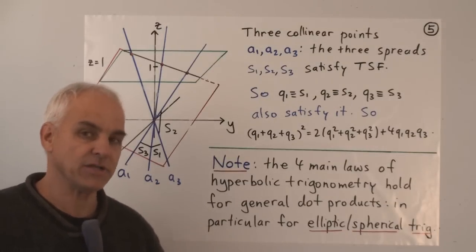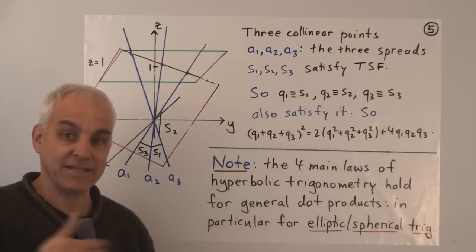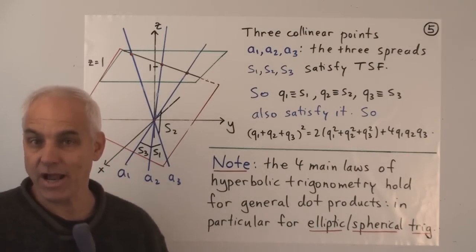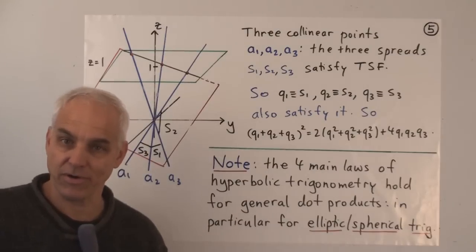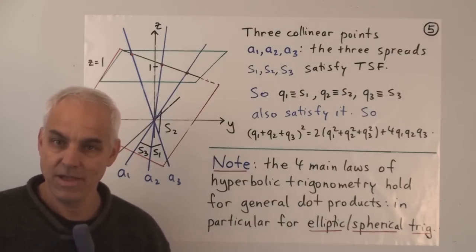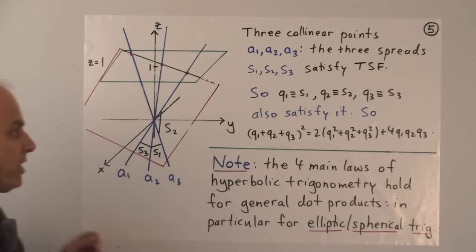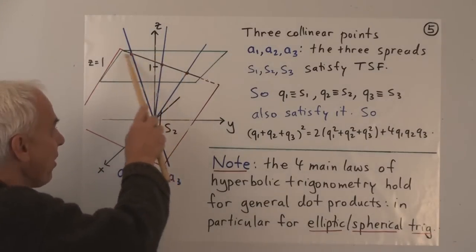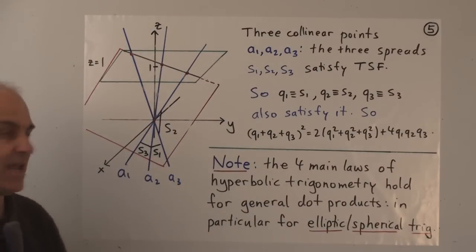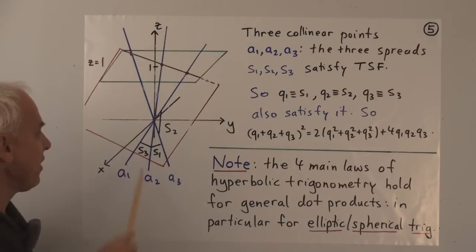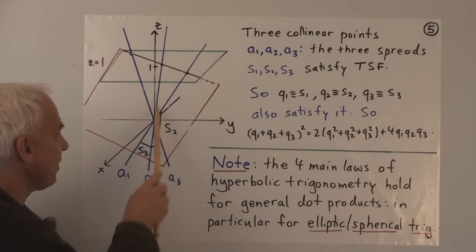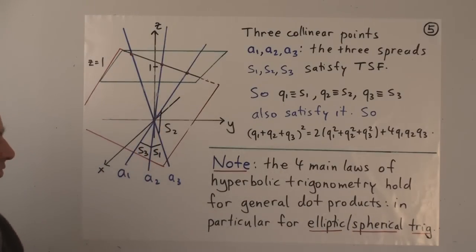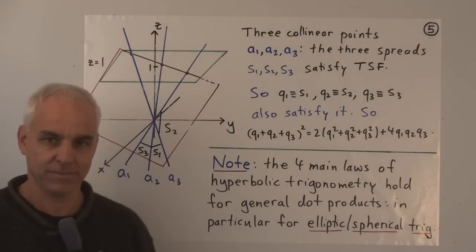The laws of rational trigonometry extend to higher dimensions and they extend to arbitrary quadratic forms. But if you're willing to believe that, then what we're calling the triple quad formula between 3 hyperbolic points is really the same as the triple spread formula for these 3 lines in three-dimensional space. And that's why the 2 formulas agree.